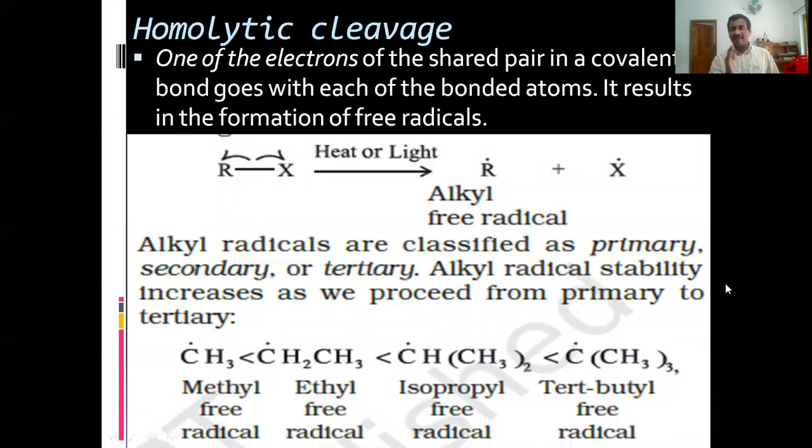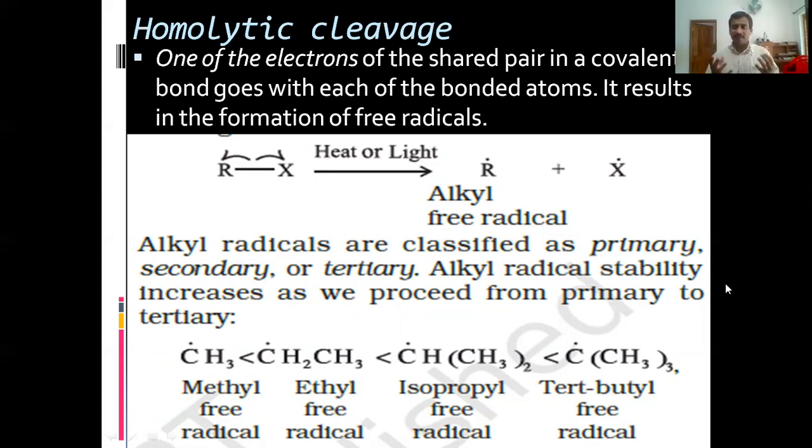Now the second type is homolytic cleavage. In homolytic cleavage, in the bonded pair, one electron will go to one of the bonded atoms and the other electron will go to the other bonded atom. So equally, the electrons will go back to their source. That is homolytic cleavage.